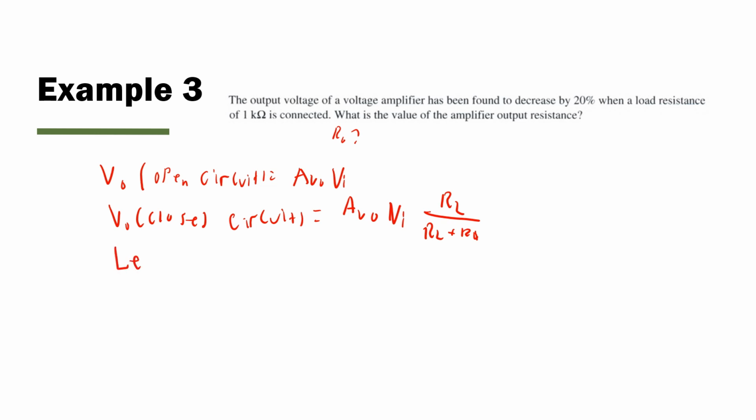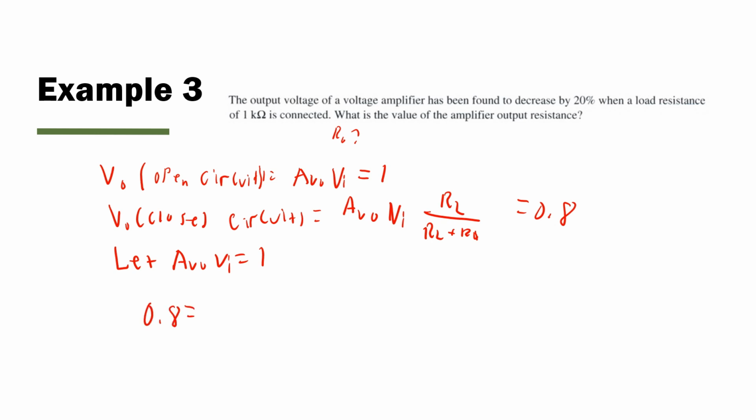So let's just let AVO times VI equal 1, which means that the open circuit voltage will be 1. That means that this closed circuit needs to decrease by 20%, or in other words, it needs to be 0.8.